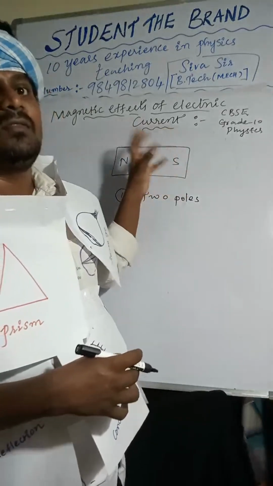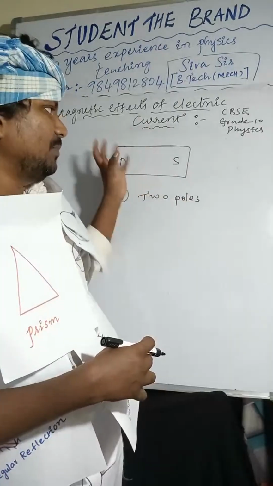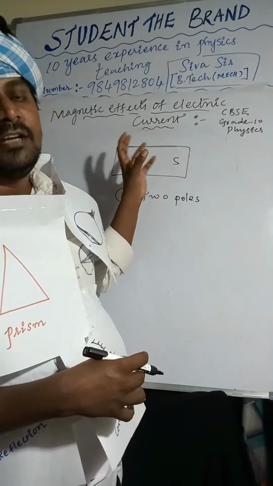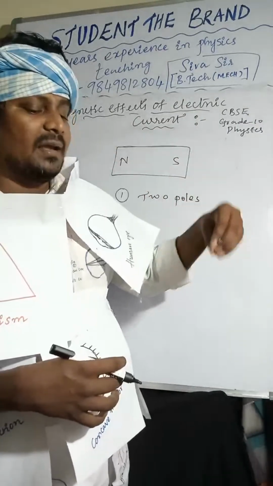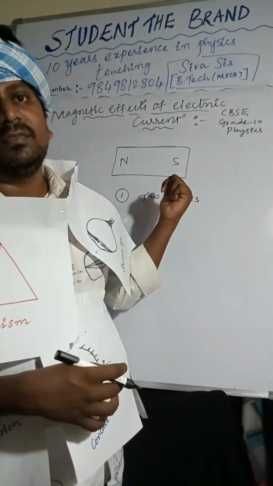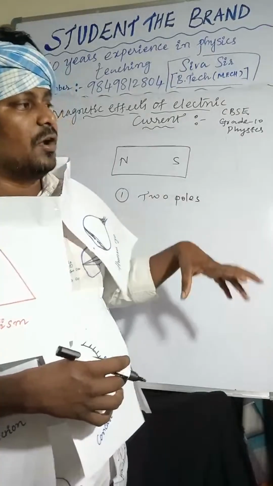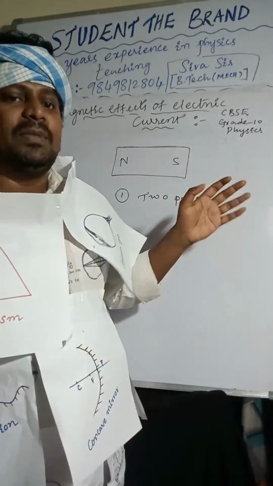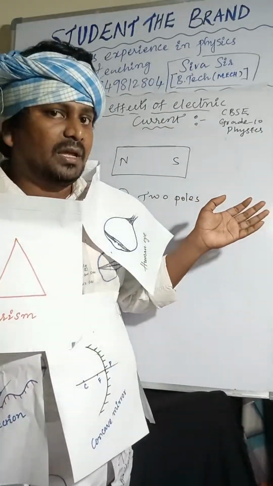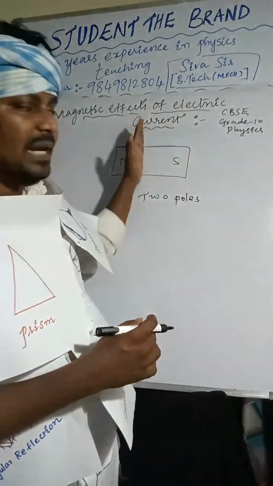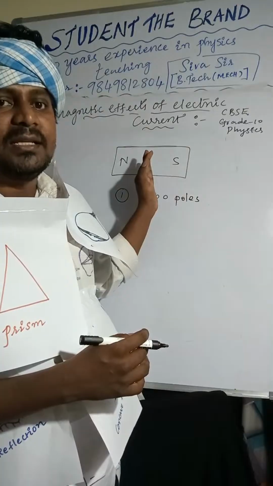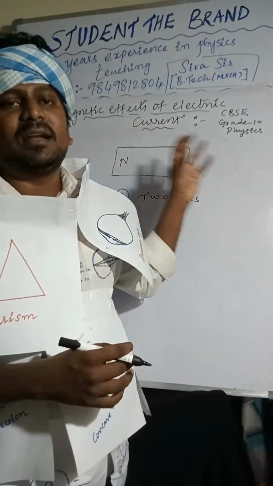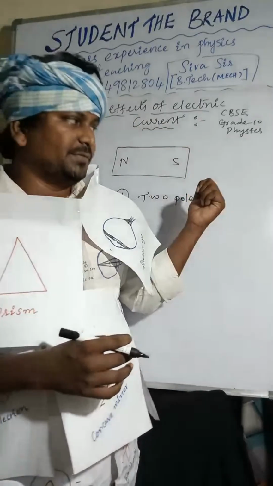The strength will be equal at the poles, here and here, so it will attract the magnetic material equally. In the middle it will be less, and at the ends it will be more. I hope it is very clear to you all, right?